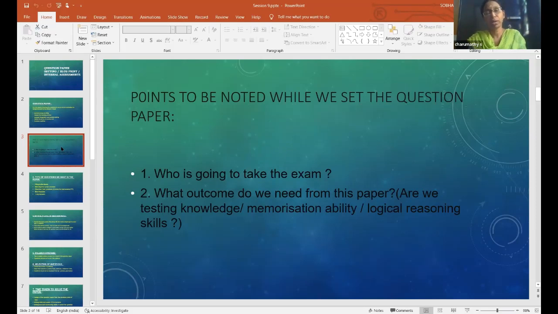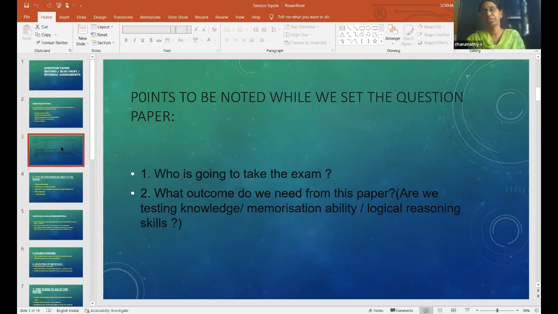A standard paper is one which consists of questions based on the concepts taught by the teacher, but worded in a different way, and they will apply their thinking ability to answer the questions. Whereas a difficult paper is a different shade, where concepts which are not taught to the children are also tested.